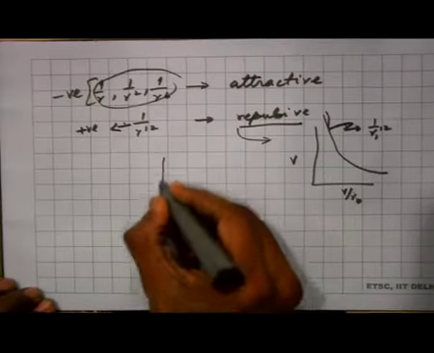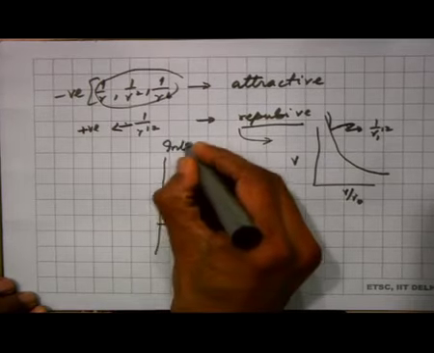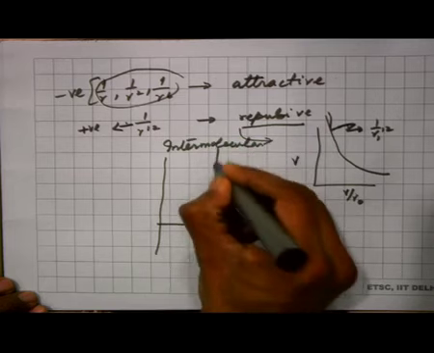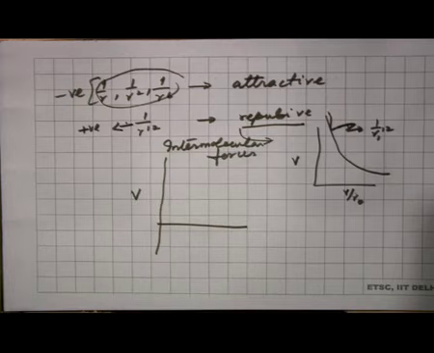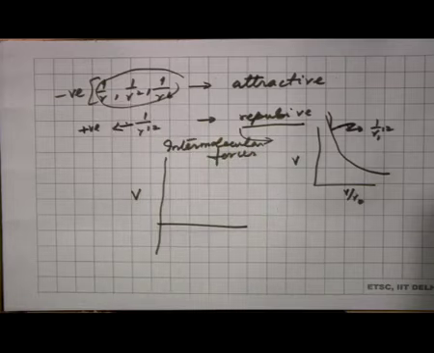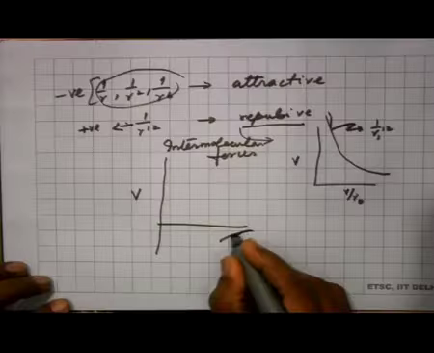So, the sum total of these things, intermolecular forces, no matter what the type is, if you plotted V as a function of the distance between them, what we are saying is these attractive forces will act initially and the energy will start to go down.